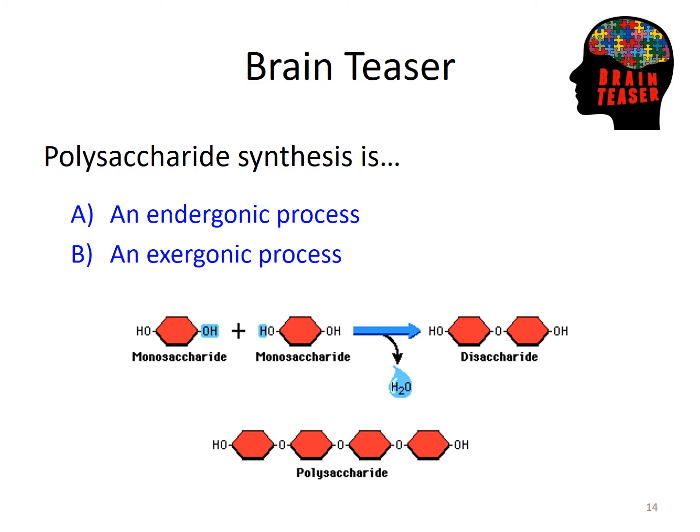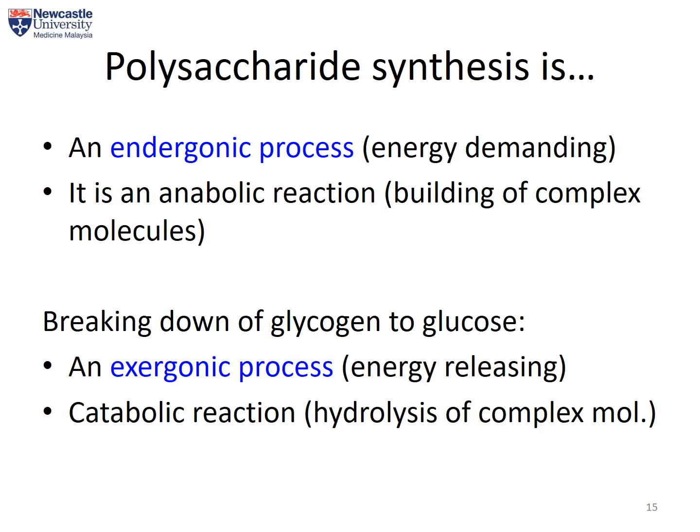Is polysaccharide synthesis an endergonic reaction or an exergonic reaction, and why? Well, the answer is A, an endergonic reaction. And that is because the synthesis of polysaccharide will require the input of energy, so it is energy demanding. And it is also an anabolic reaction, which involves the building of complex molecules from simpler subunits.